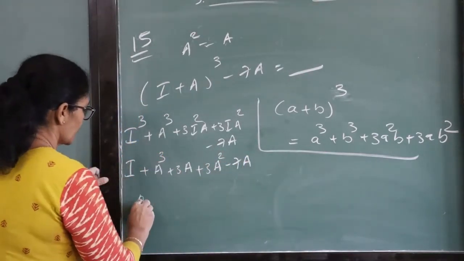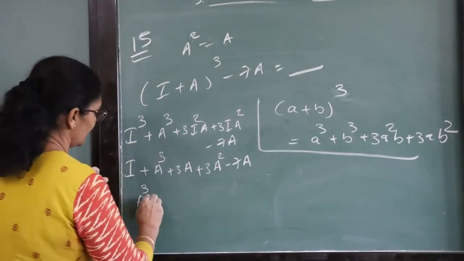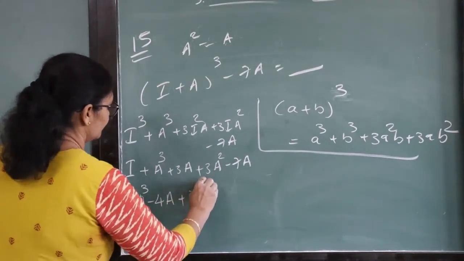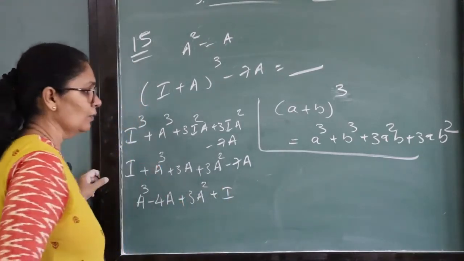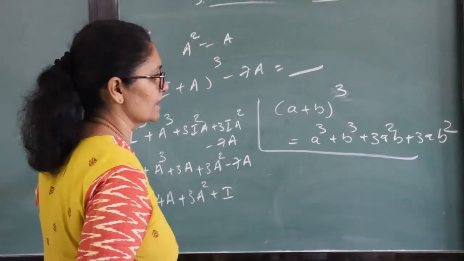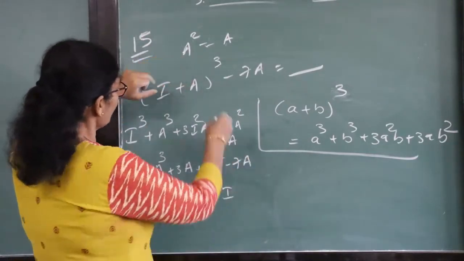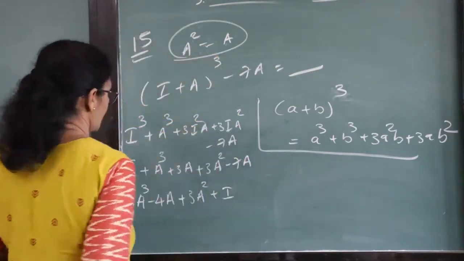So now what is your question? A cube. Simplify this: minus 4A plus 3A square plus I. Now you are given all the results, and among these which one is true? Now in place of I square you can write I, this result is given.